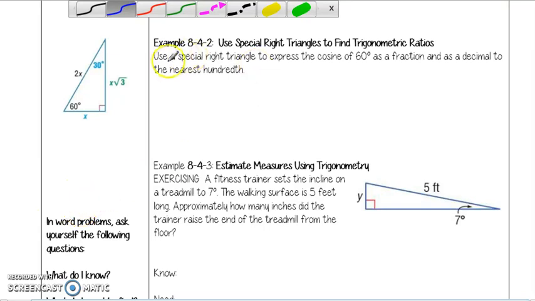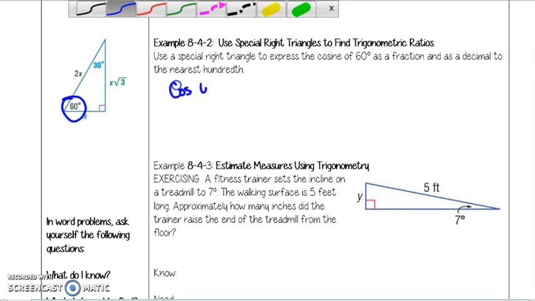Let's take a look at our first example here. We're going to use this special right triangle over here, 30-60-90, to figure out what the x is. Let's go from our 60-degree angle here, and use cosine, CAH, adjacent over hypotenuse.